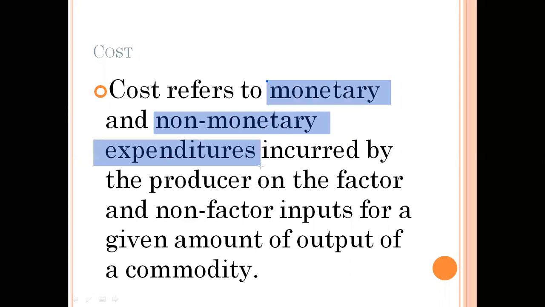For example, during the production process, I am using raw material. The raw material which I am purchasing is a monetary expenditure. Same way, I am paying wages and salaries to labor. That is also monetary expenditure. Same way, payment of electricity bill is also monetary expenditure.